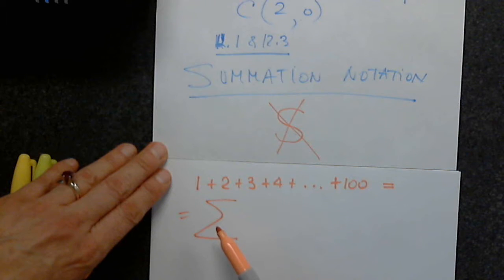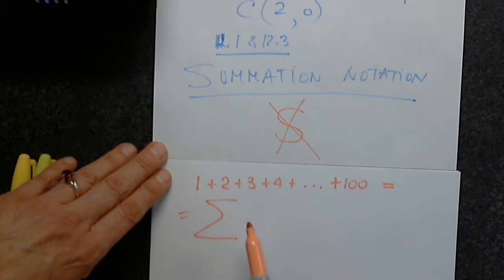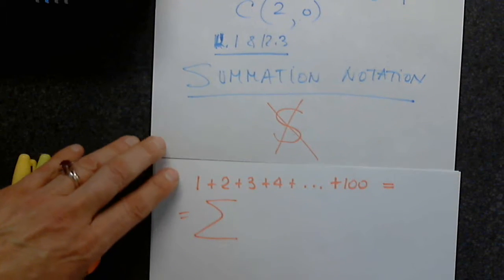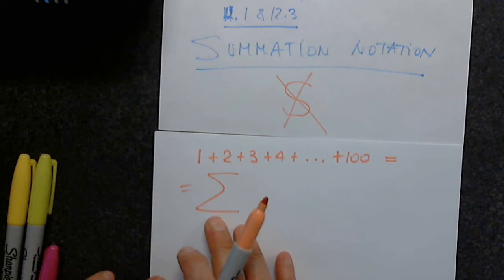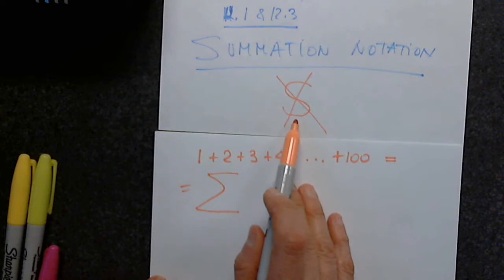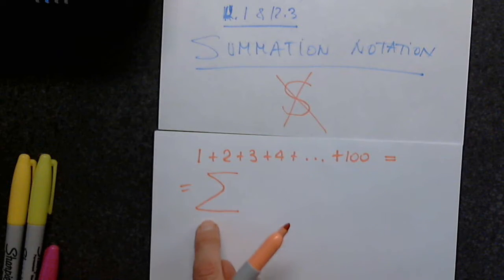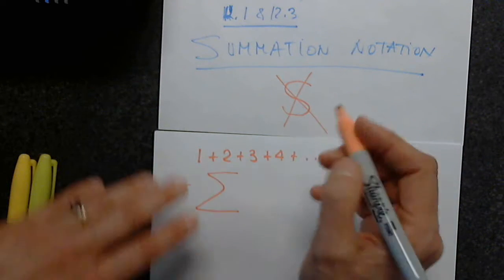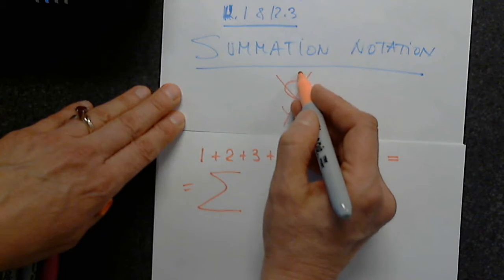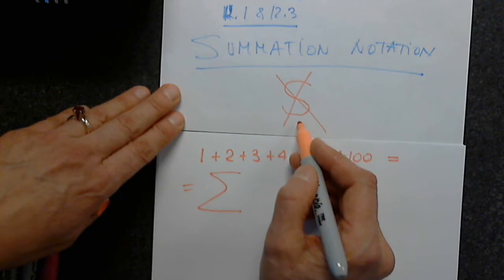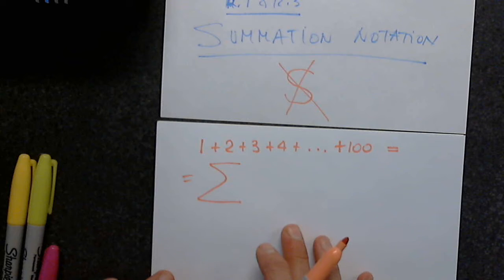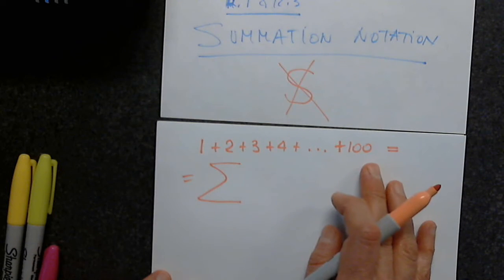It's still S, it still stands for sum, but it's the Greek letter S. Why this is so much better and more suitable than this one is because I have to write a lower limit, I have to write an upper limit, and it would be kind of inconvenient to write something on top here and below here. So first of all, what am I adding?